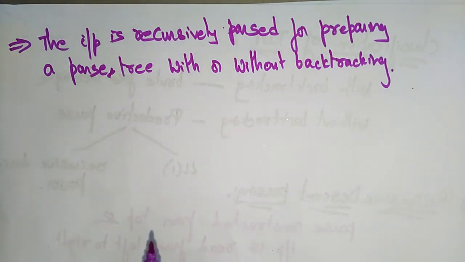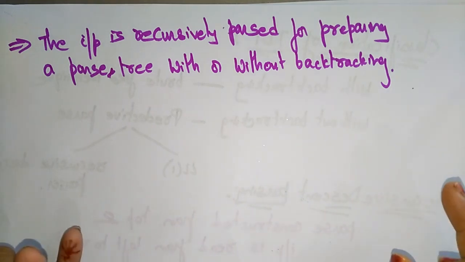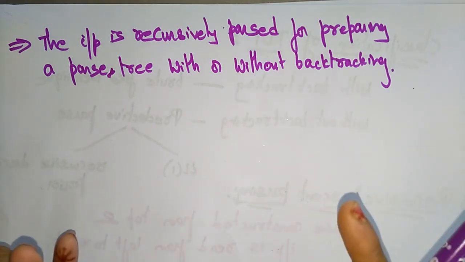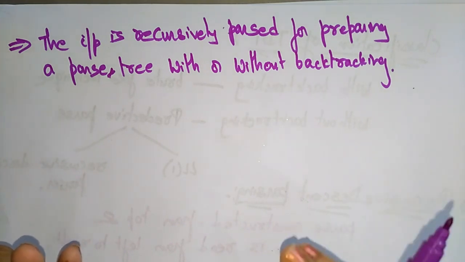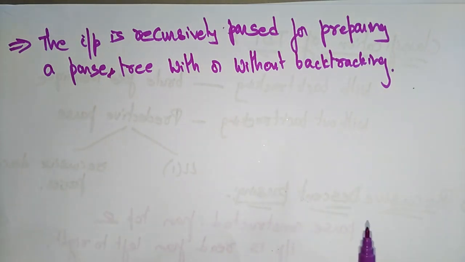With backtracking, the concept is used to parse the tree recursively, and without backtracking we use the predictive parsing technique, parsing the tree recursively but without the backtracking concept.